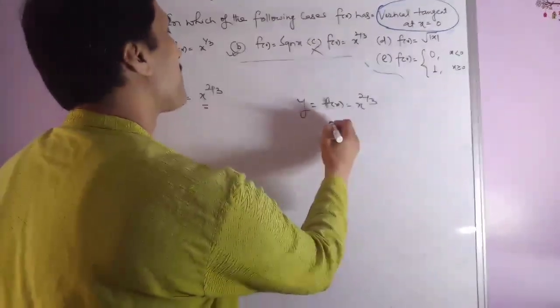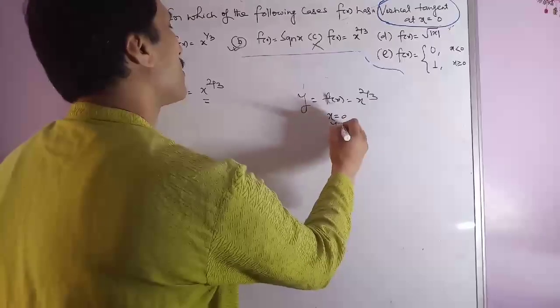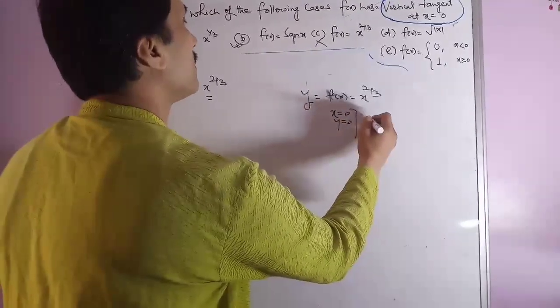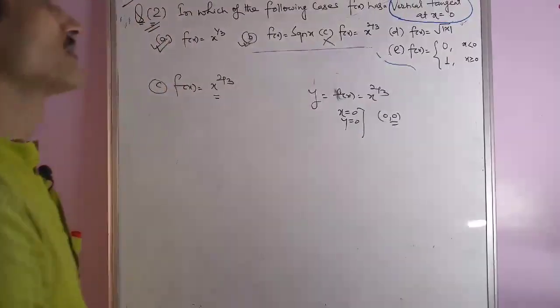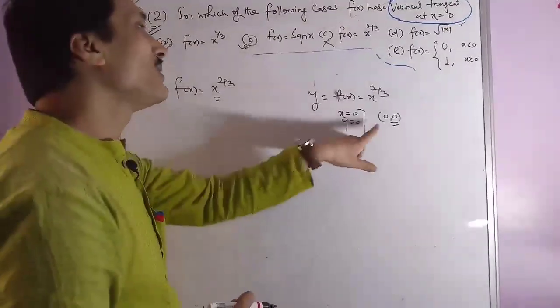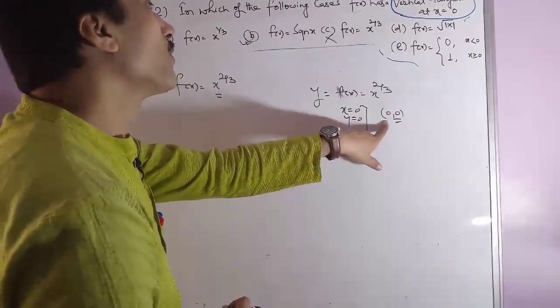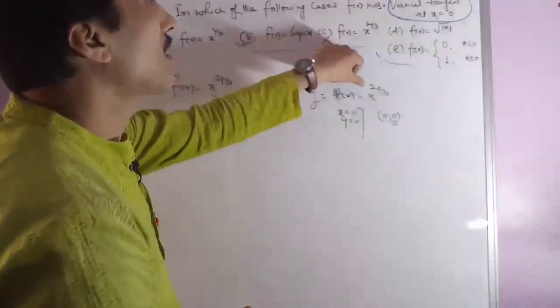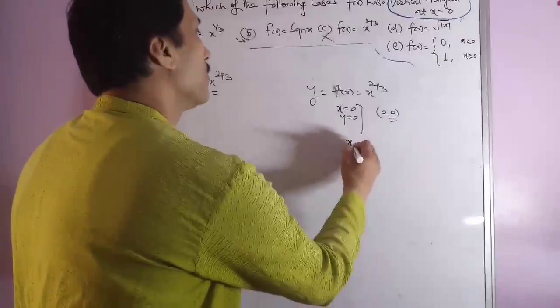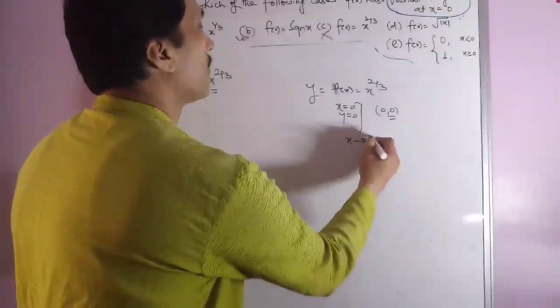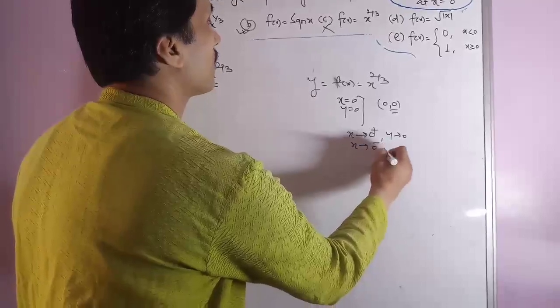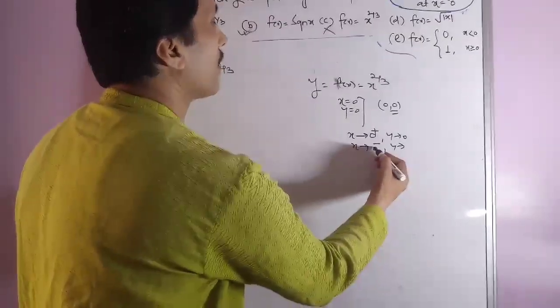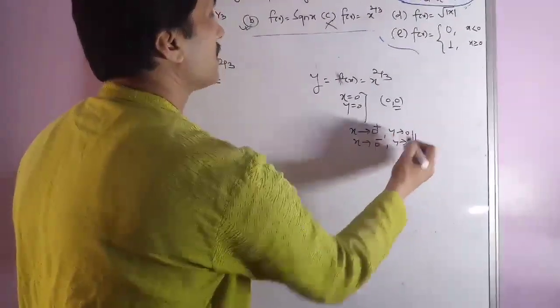Obviously, when x equal to 0, y equal to 0, so this curve passes through 0. We want to know the behavior of this curve about the origin. So x tends to 0 from the right, y tends to 0; x tends to 0 from the left, again y tends to 0.